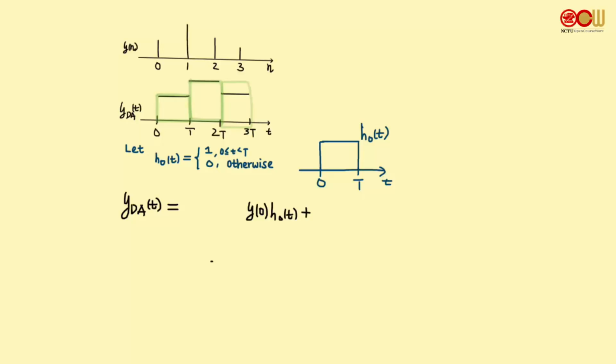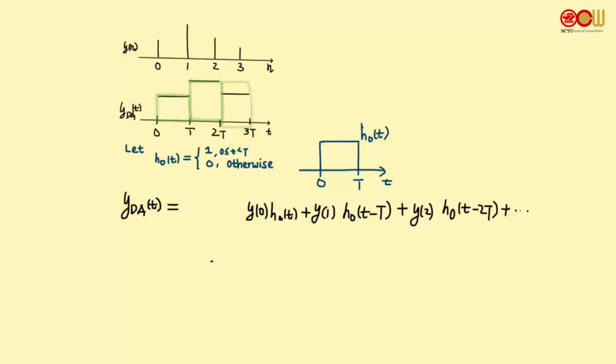How much is the shift? It's shifted by t, and the height is y1. Similarly, for the next 2t to 3t interval, it will be h0 of t minus 2t, and the height is y2. Continue on like this.